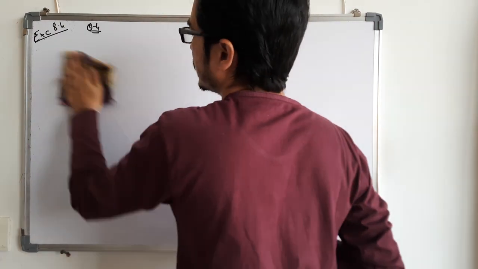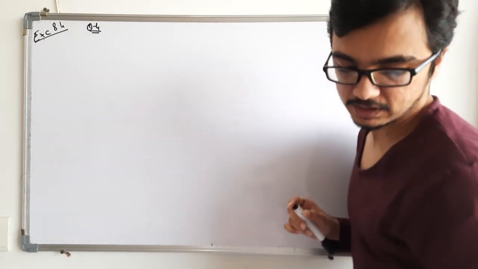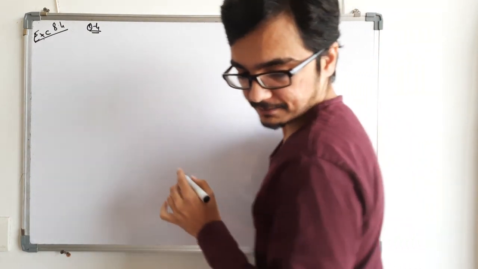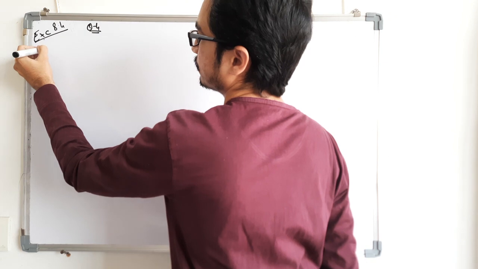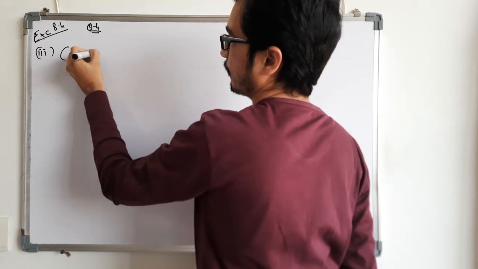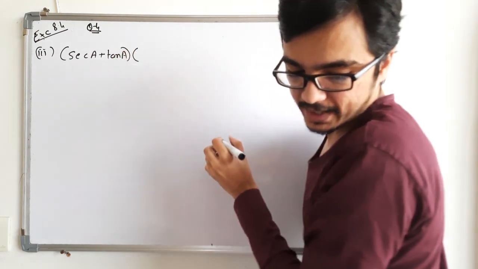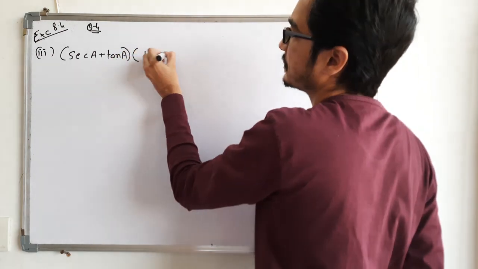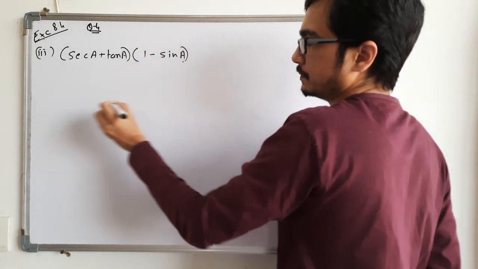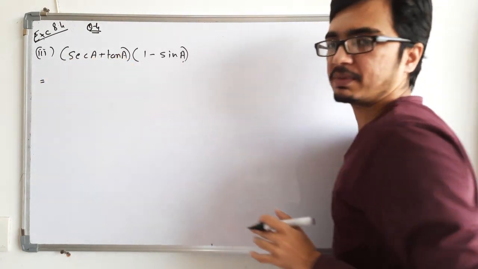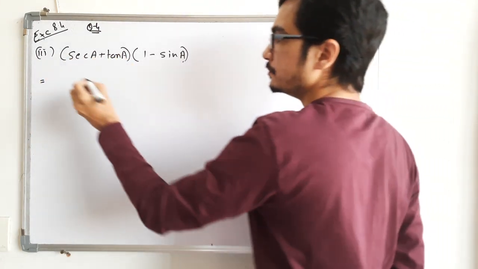After this we have the third one: sec plus tan into bracket 1 minus sin A. Let us convert sec and tan into sin cos form.